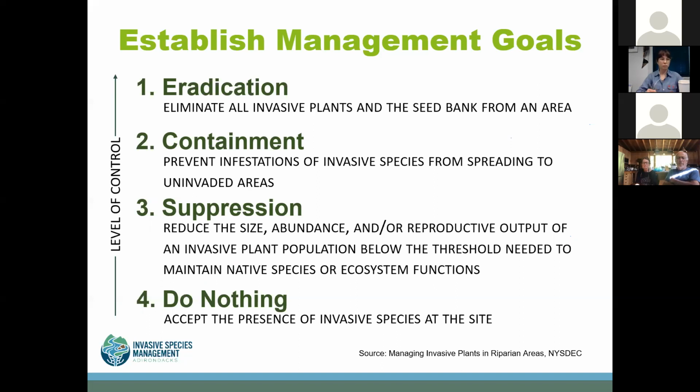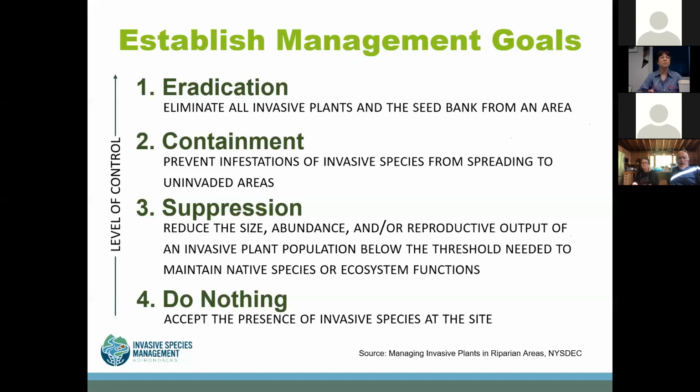And instead, we'll focus on a strategy such as containment to prevent that species from spreading, or suppression, which is simply reducing its size and abundance to mitigate some of the negative impacts it may have. That being said, just because we cannot completely eradicate a species does not mean that we should not take action, because we can still significantly reduce some of the impacts that it is having.